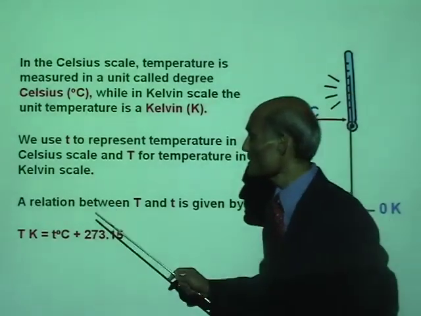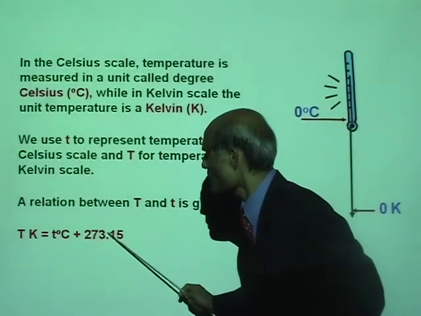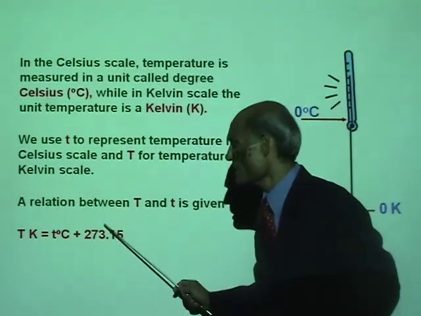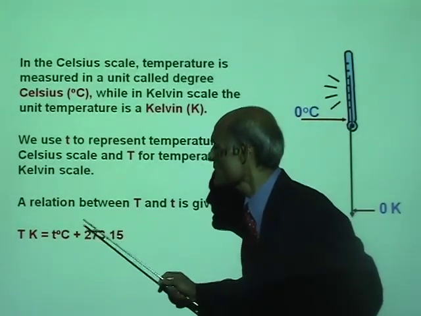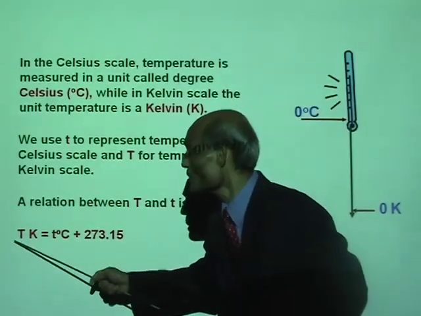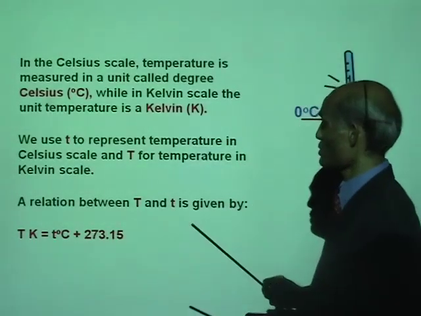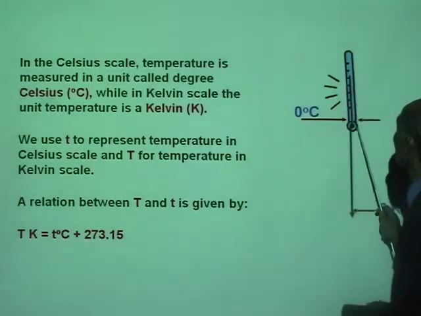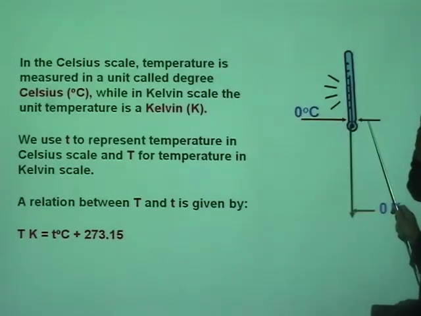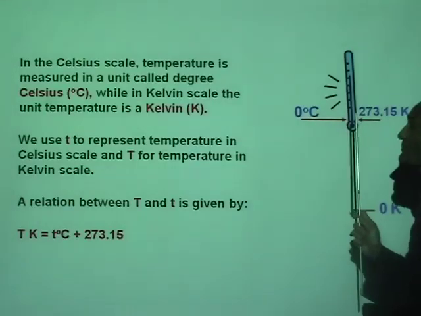If you add 273, forget about that 0.15, if you add 273 to the temperature measured in degrees Celsius, you will get temperature in Kelvin. That is the relationship. So, this 0 degrees Celsius therefore is 273 Kelvin.